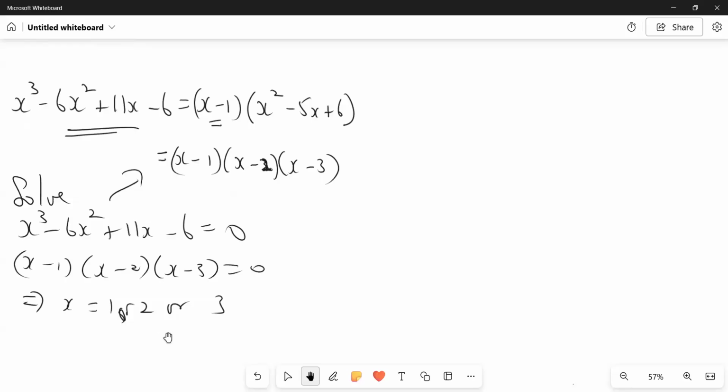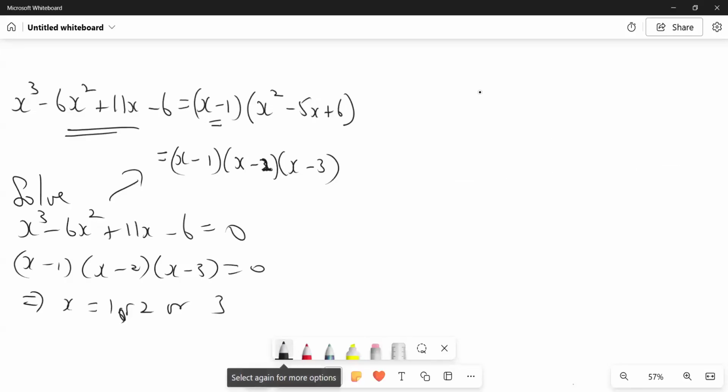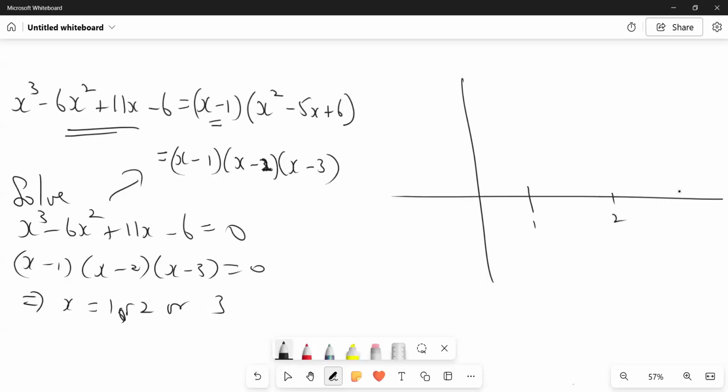All right, let me just show you something here now. So you know the graph cuts at 1, 2, and 3, right? You know the graph cuts there.